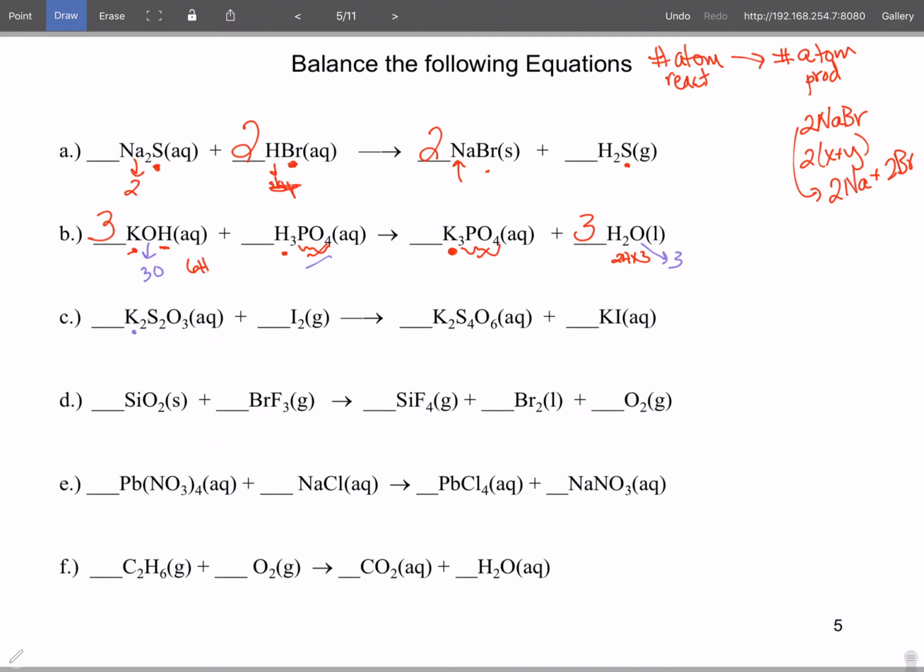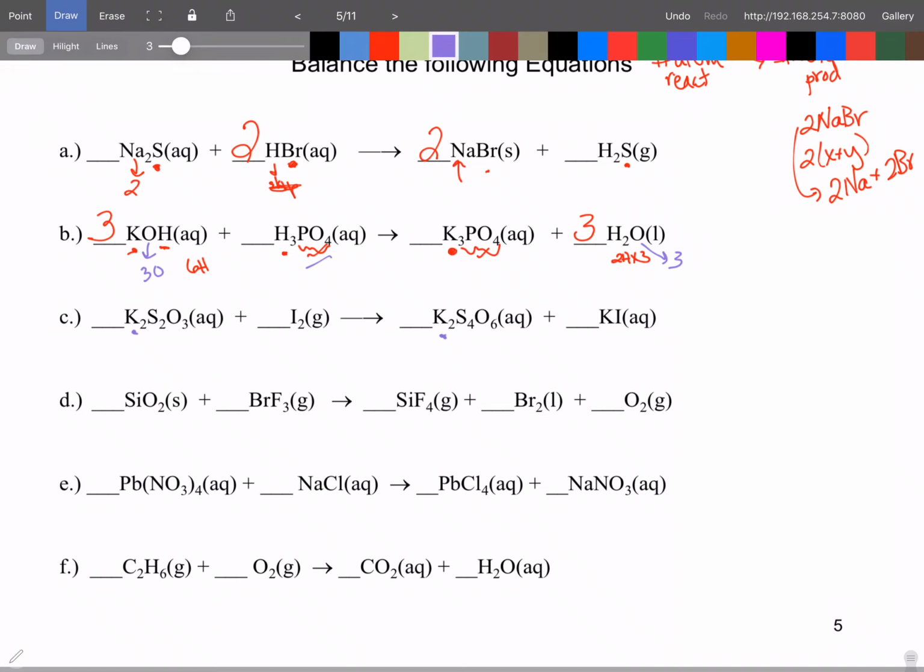We'll again start with potassium. And we have 2 potassiums and 2 potassiums, so we're good there. And I'm going to try this. I don't know if this is a good idea or not. S2O3 is here, but it is S4O6 there, so that's changing, so we can't treat it as an entity. So this one has, if we look at it, 2 sulfurs.